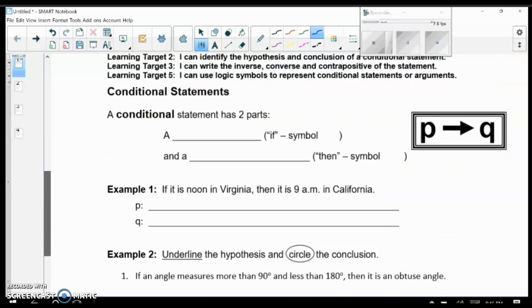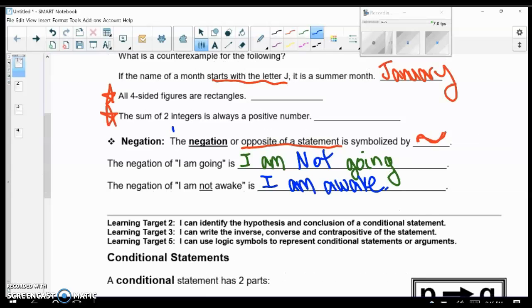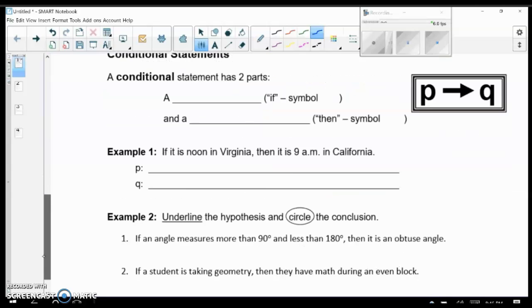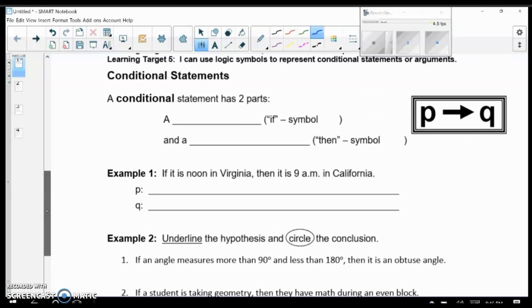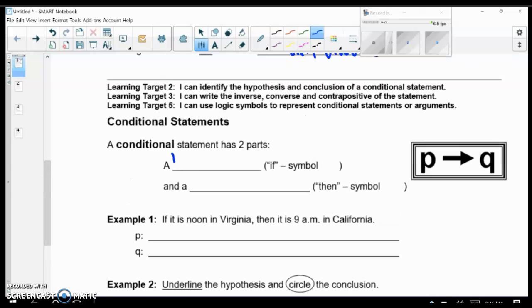We shall move along. Now, a conditional statement has two parts, and you use these all the time when you're just speaking. So things like, if you don't stop talking, I will smack you with a flamingo. That would be a conditional statement.